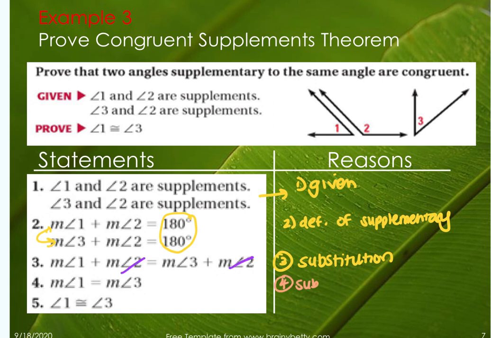That's subtraction. And we went from the measure of angle 1 equals the measure of angle 3 to angle 1 is congruent to angle 3, and that is the definition of congruence, or congruent angles.